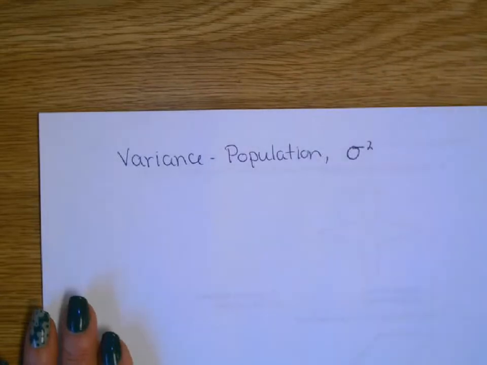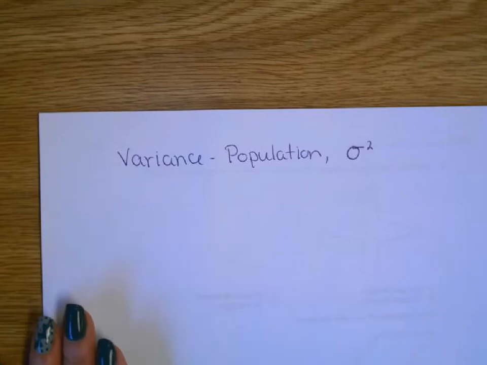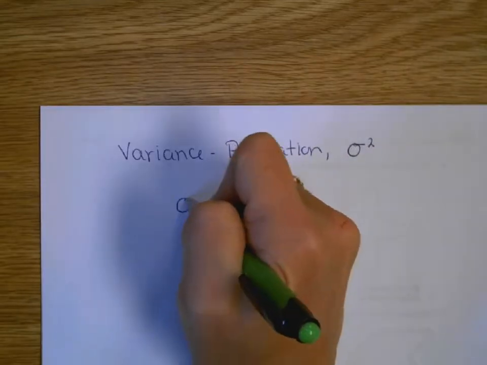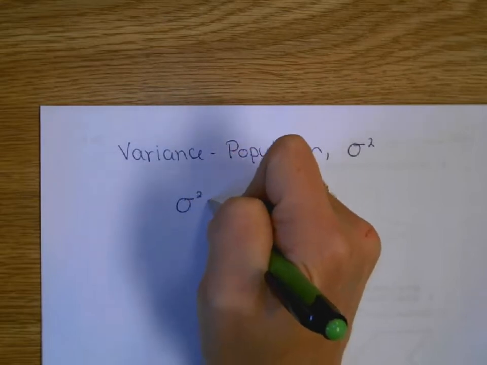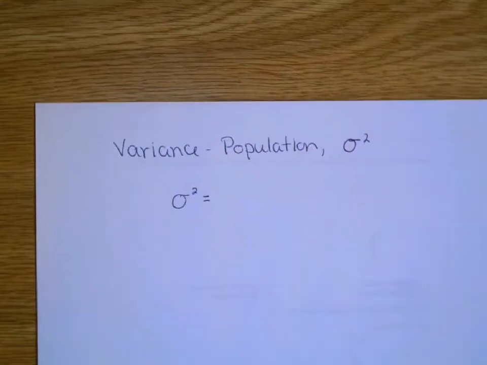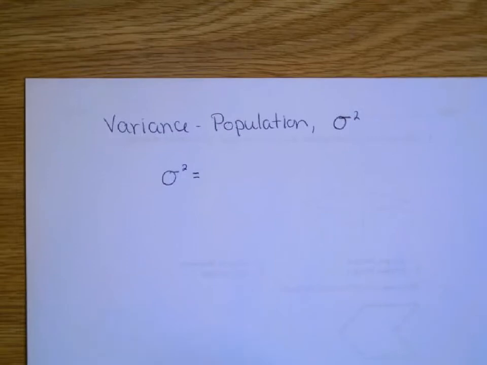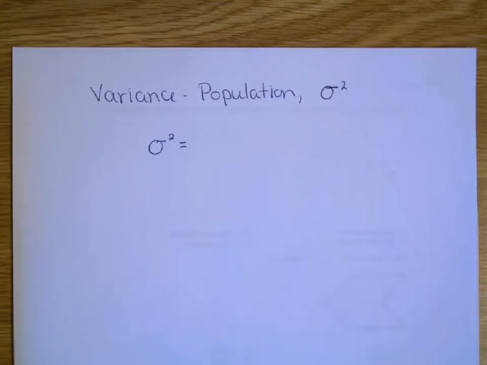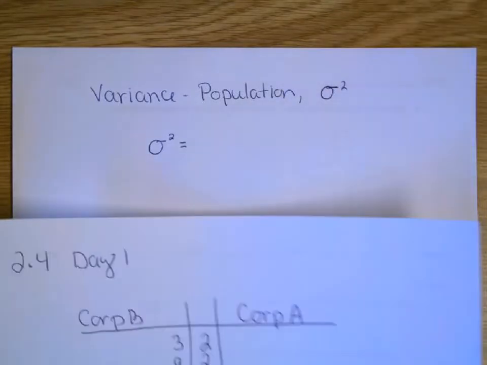And the squared's going to make sense a little later on. So, the formula to find population variance. Okay, so what we're going to be doing, and it's a longer process, and we're going to let the calculator do a lot of the work for us, but here's the way it works.